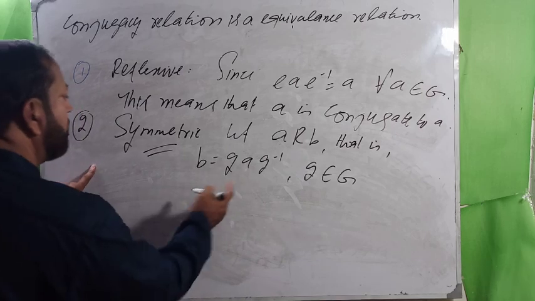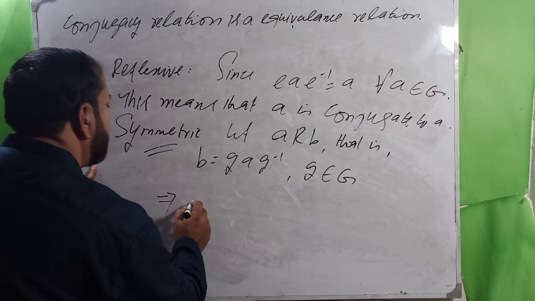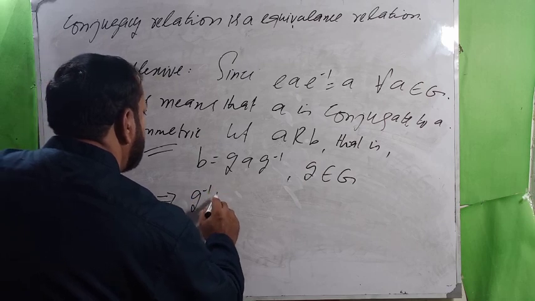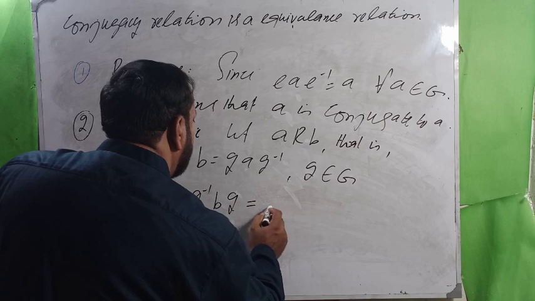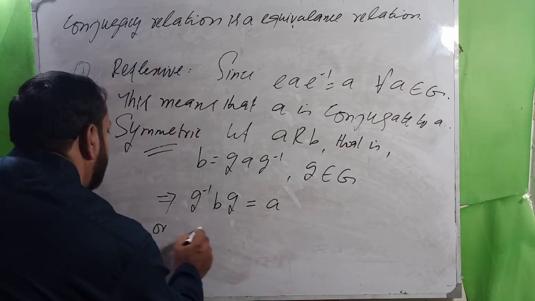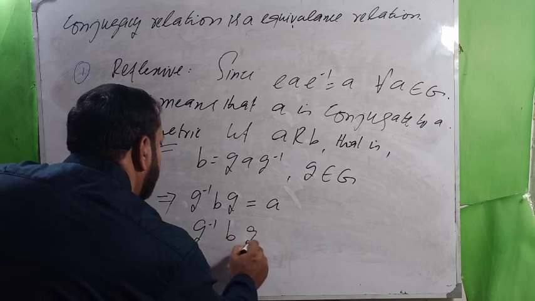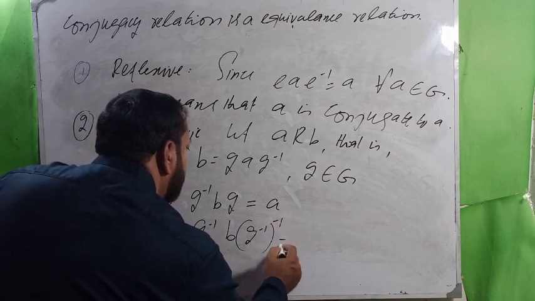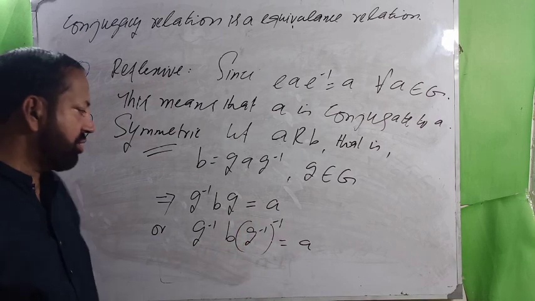Okay, so this implies you can multiply by G inverse, B G would be equal to A. So why not you write G dash?